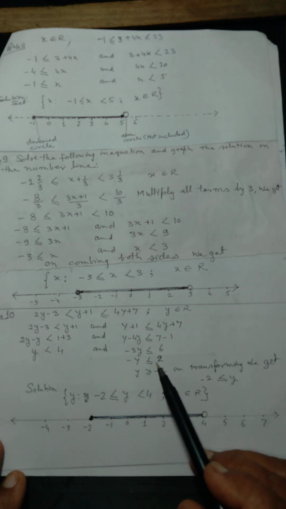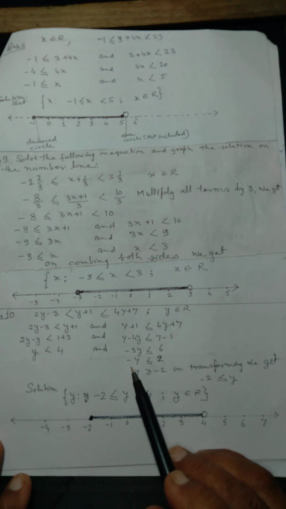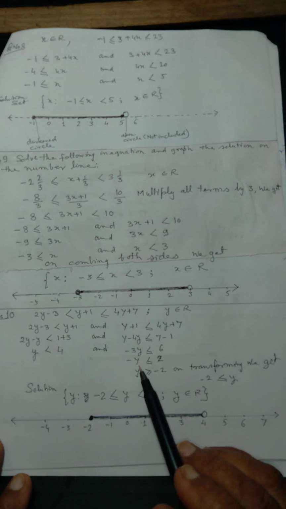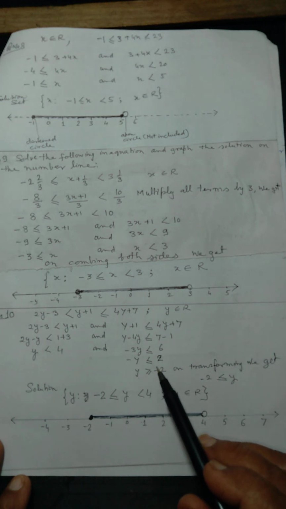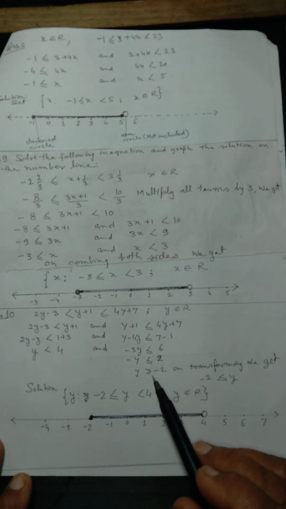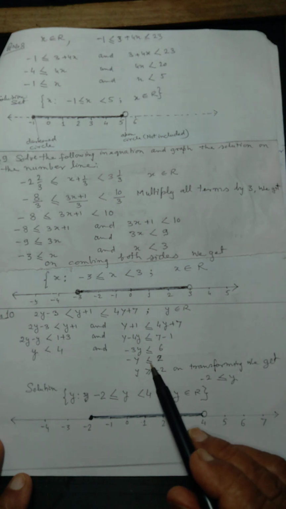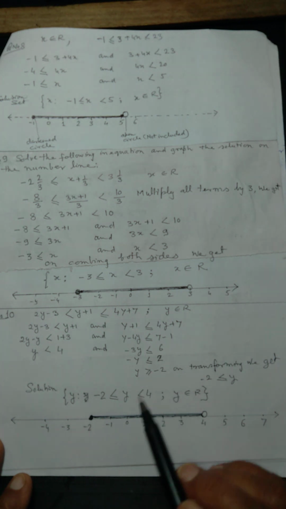Here if we multiply both sides by minus 1, this will become plus y and this will become minus 2, but side by side the sign of inequation will also be reversed. Here it is less than or equal to, here it will become y is greater than or equal to minus 2.